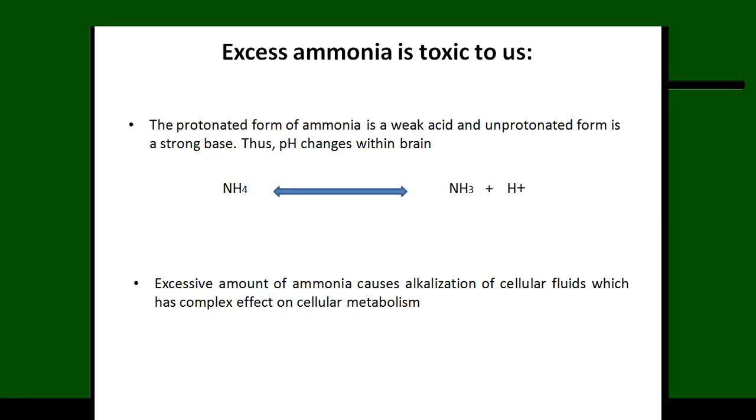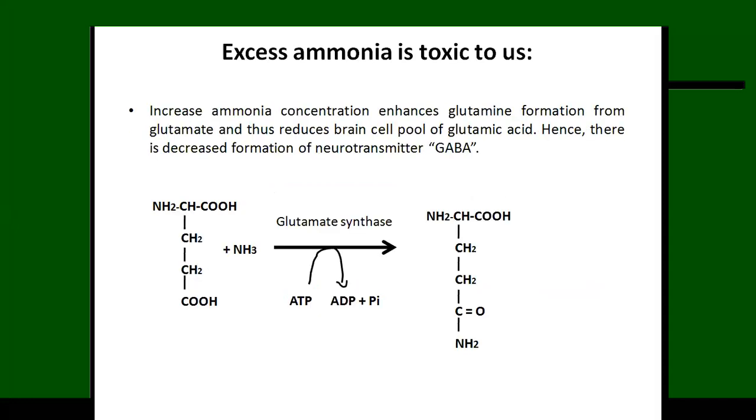This is why when you take more ammonia, that will change pH and the reaction will be affected. So excessive ammonia causes alkalization of cellular fluids, which has a complex effect on cellular metabolism. Is it clear? Do you understand what I said? Yes, sir. Whether ammonia or ammonium, whichever form increases, what will happen? The pH will change.